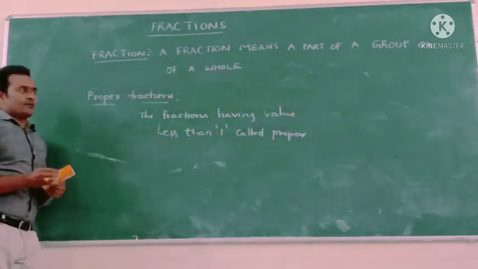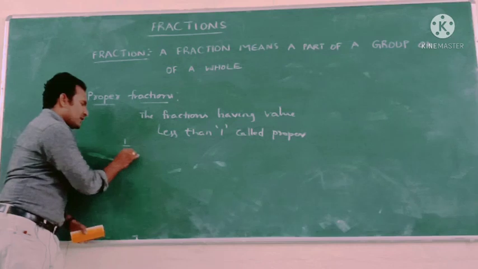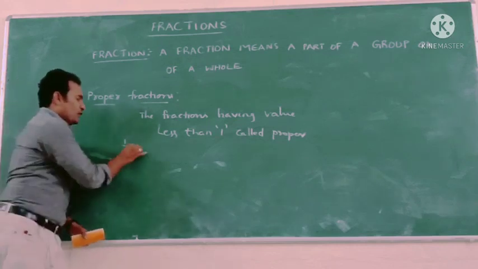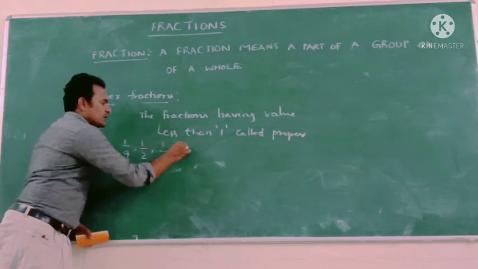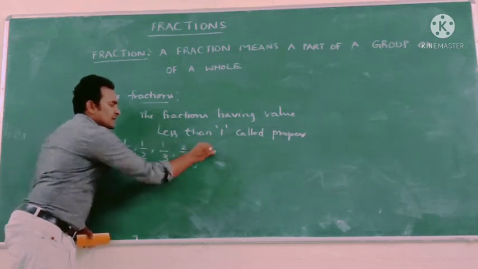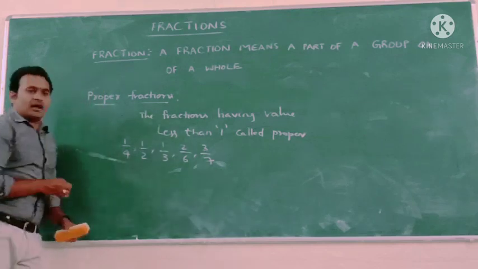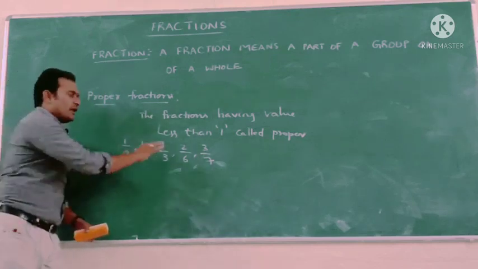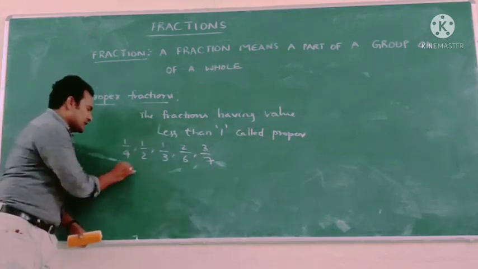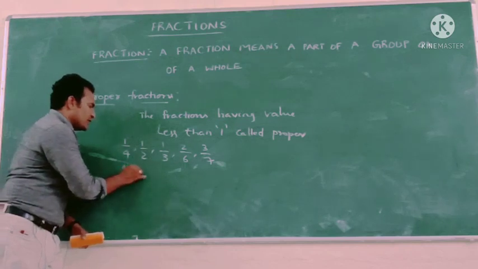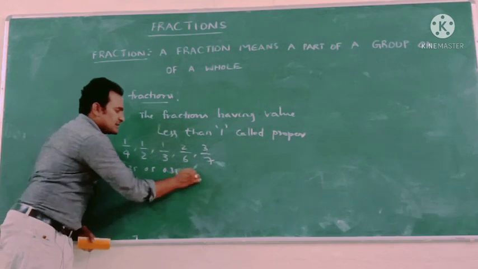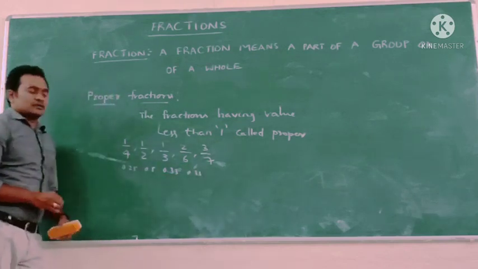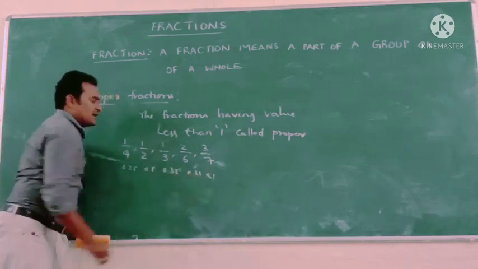What does less than 1 mean? Let us take examples: 1 by 4, 1 by 2, 1 by 3, 2 by 6, 3 by 7. In all these fractions, the values are always less than 1. You can easily find that these are 0.25, 0.5, 0.33 and 0.33.